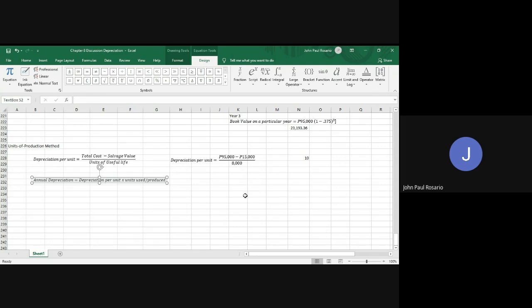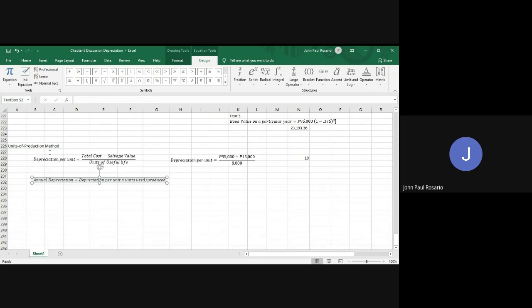This units of production could be an input method or output method. Input method is, for example, number of hours used. When it's units produced, it could be how many units were produced, or the number of quantity produced.